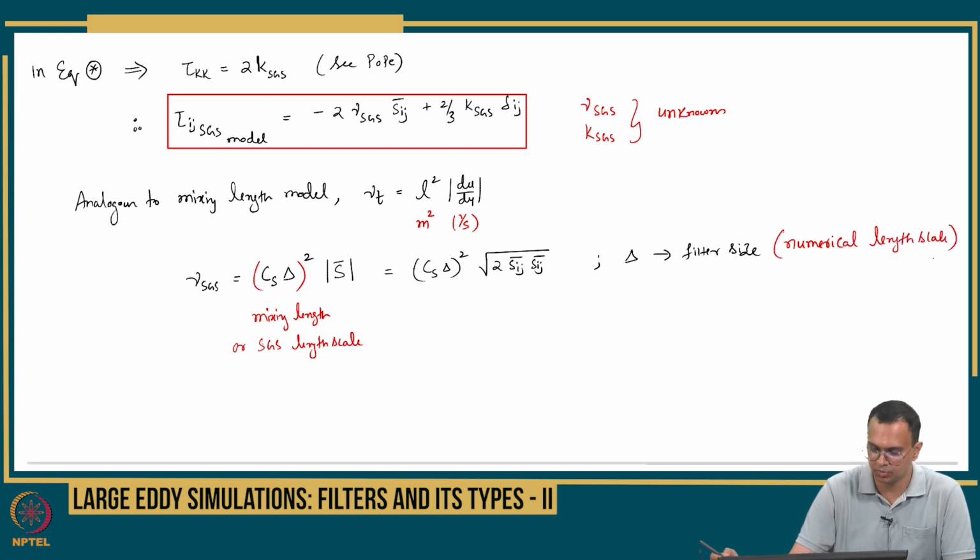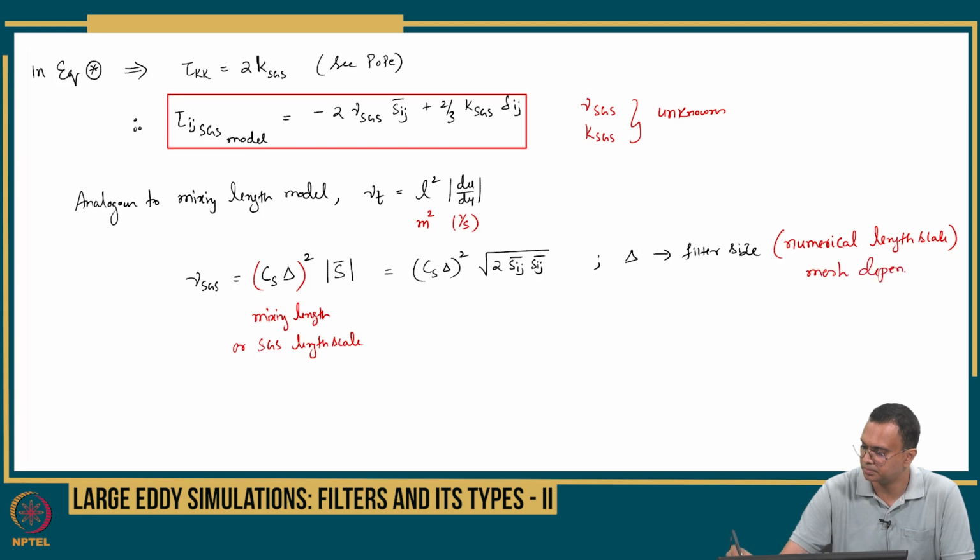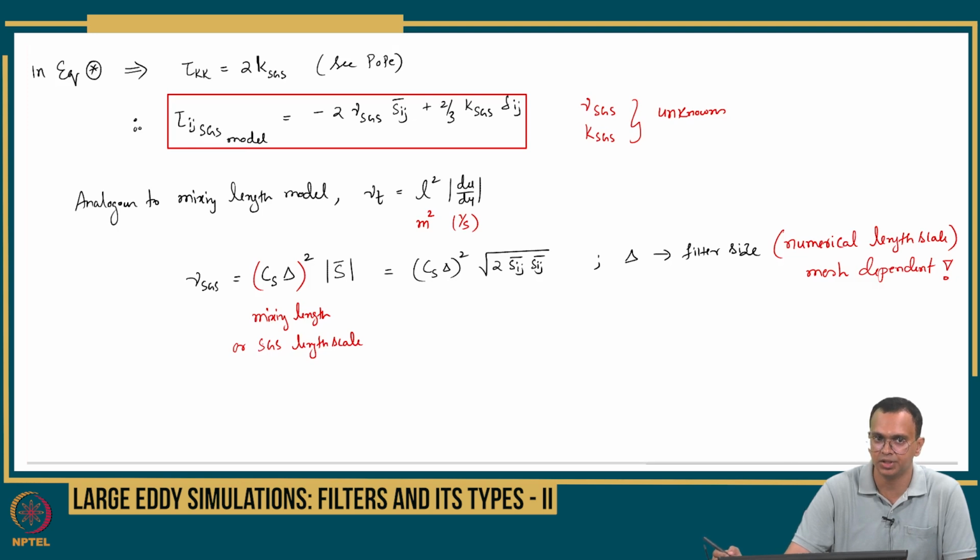So your mu SGS is depending on the mesh, so it's mesh dependent, right? Grid independent solution is not possible now because you are always computing nu SGS no matter how small delta is. Some contribution is going into this one.